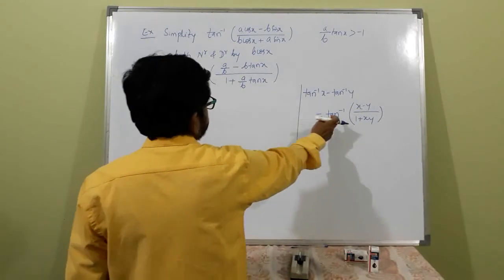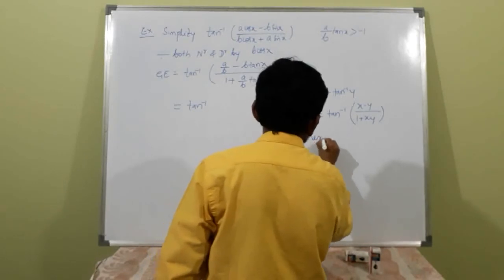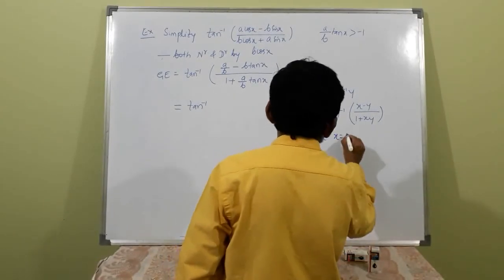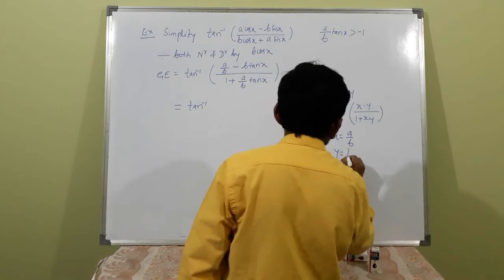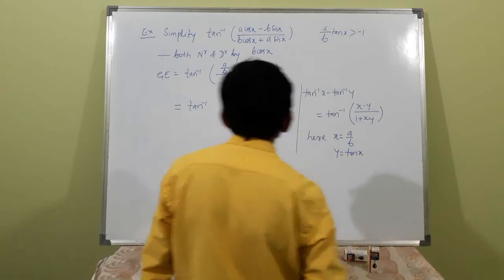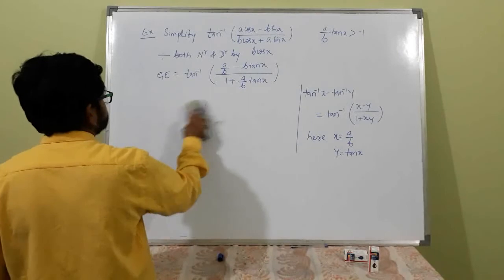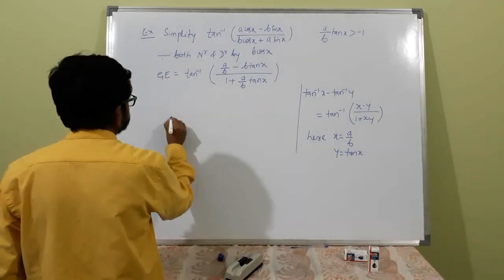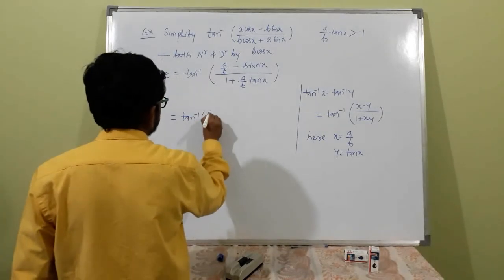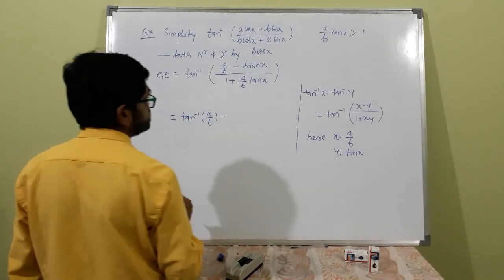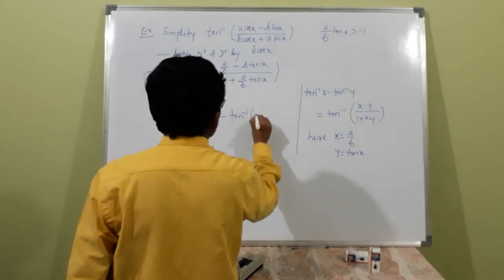This form is given in the reverse order; you have to express it in this form. Here x is a by b and y is tan x. So you can write this as tan inverse of a by b minus tan inverse of tan x.